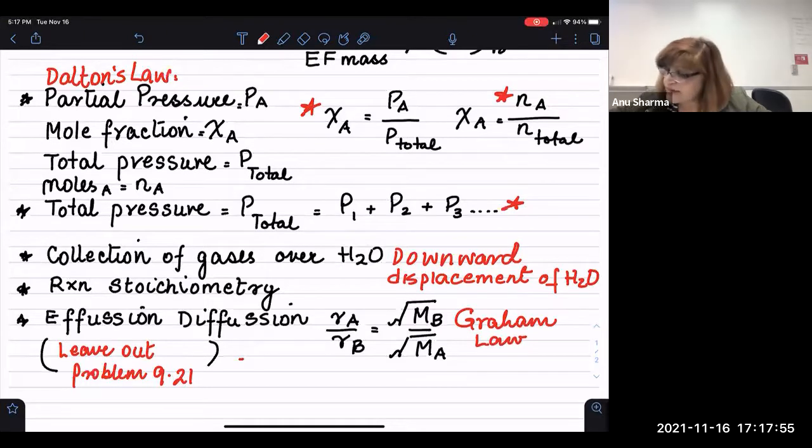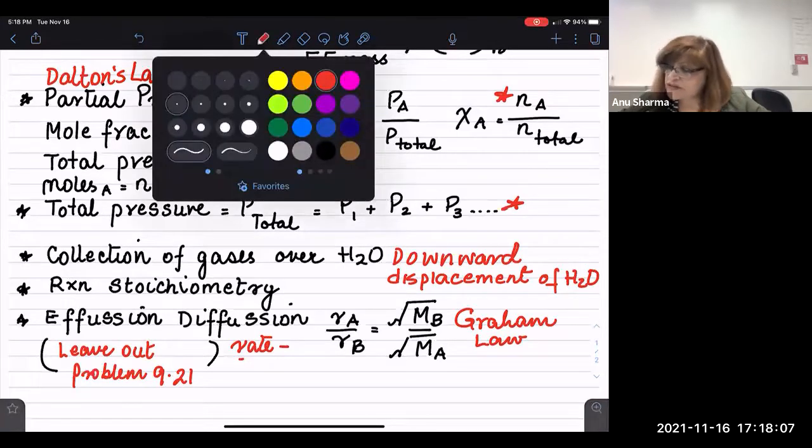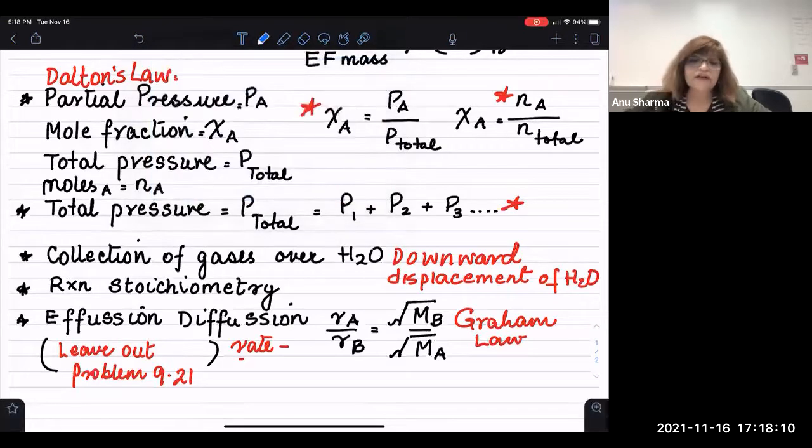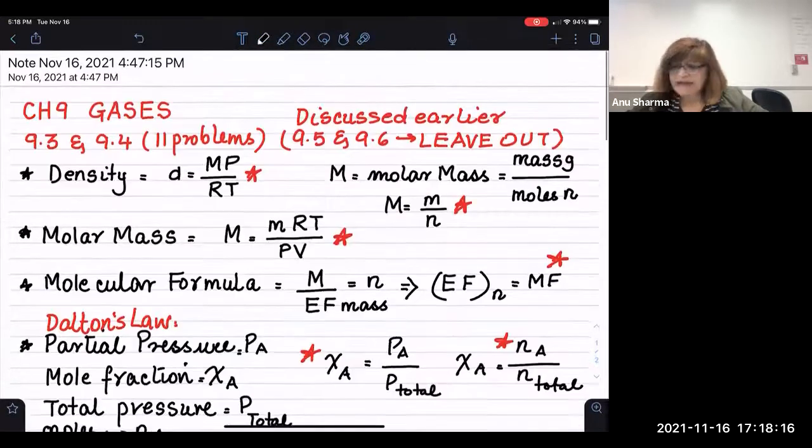So this is the rate of effusion, the rate at which they diffuse in the air. That is obviously the manifestation of their molar masses. So the heavier gases will move slower, and the lighter gases are going to move faster. So let's do these calculations. There are roughly about 10 to 11 problems that I plan to cover.